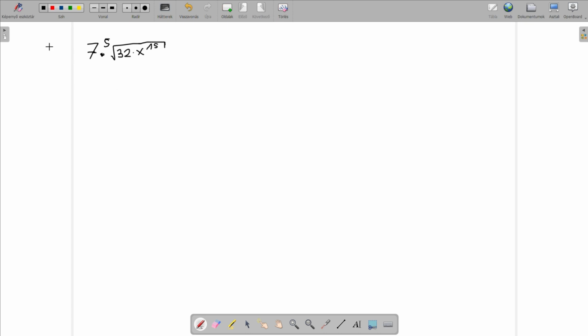Our job is basically to simplify this expression. We have identities, that was our topic a little bit before this. We learned an identity for square roots, which also works for the fifth root of a number, that we can rewrite this expression like this.